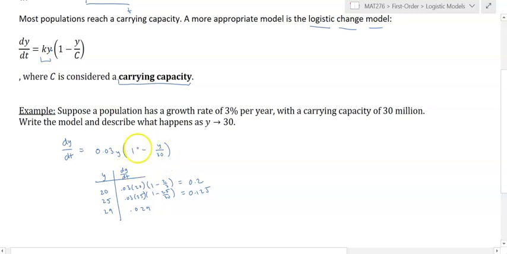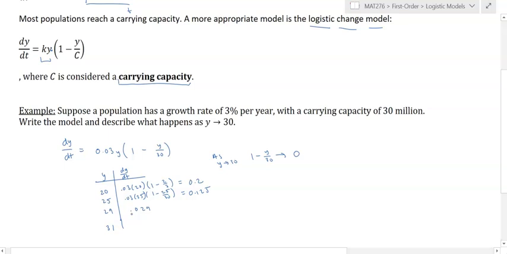What this factor is doing is that if we look at 1 minus y over 30, as y approaches 30, this thing approaches 0. Now, if we approached it from the other side, if we looked at 31, well, now we're beyond our carrying capacity.